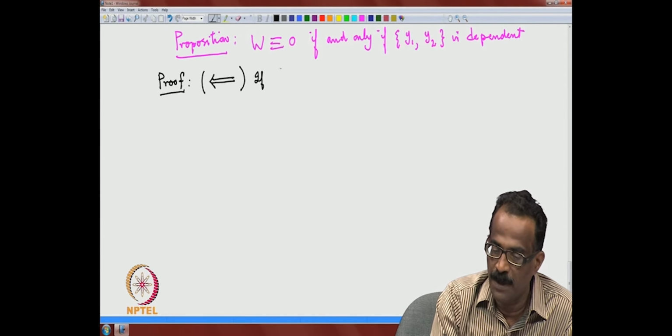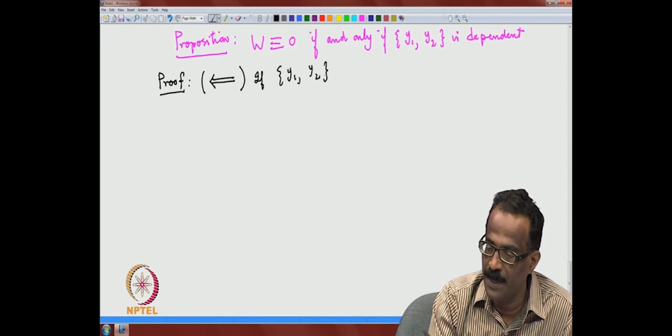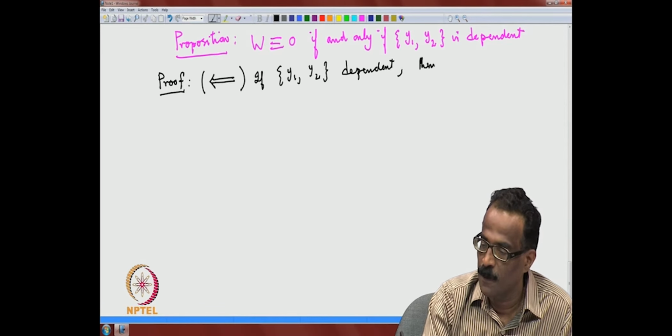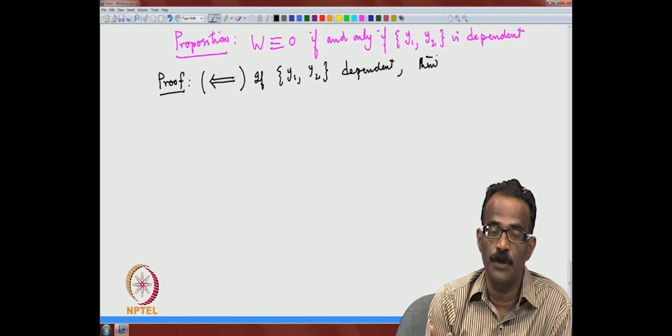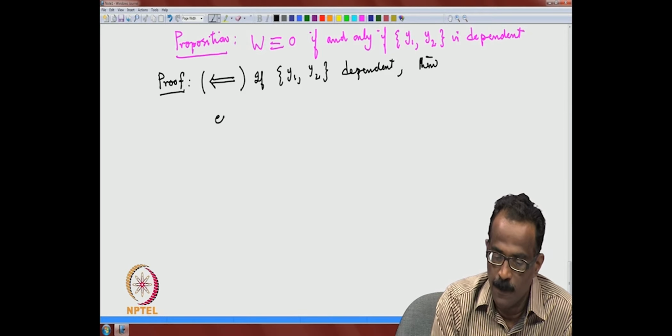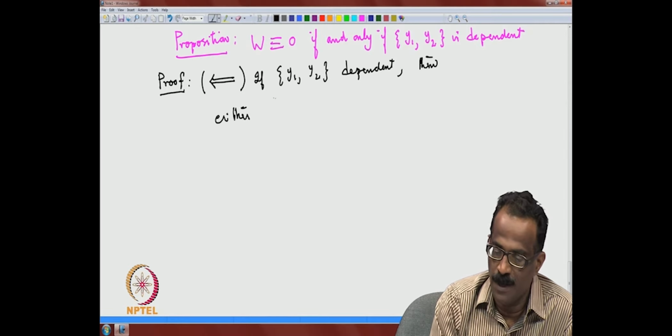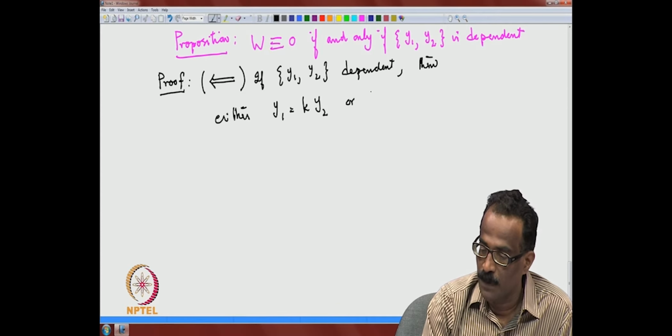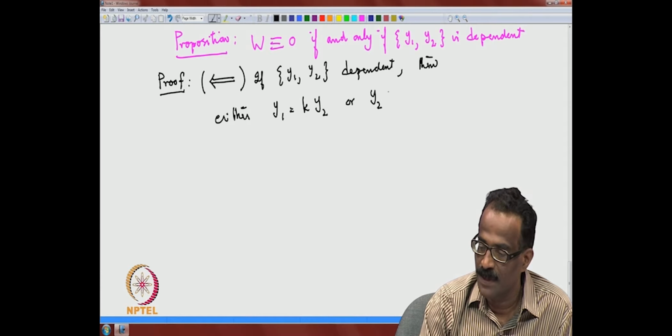If y1 y2 are dependent, then either y1 is a multiple of y2 or y2 is a multiple of y1, either or both. Either y1 is a multiple of y2, k is a constant, or y2 is a multiple of y1.